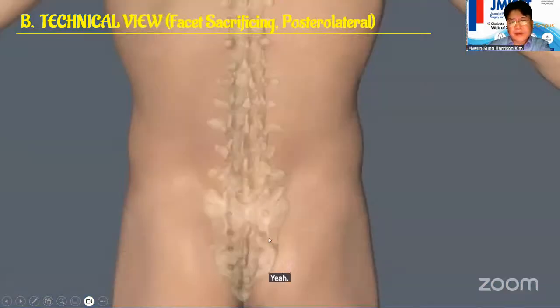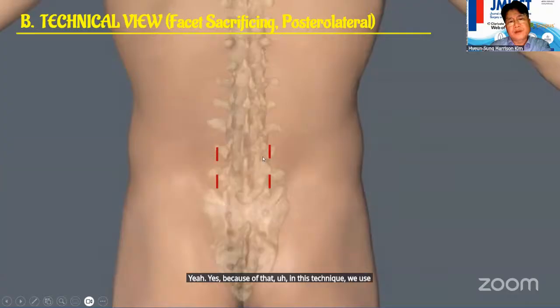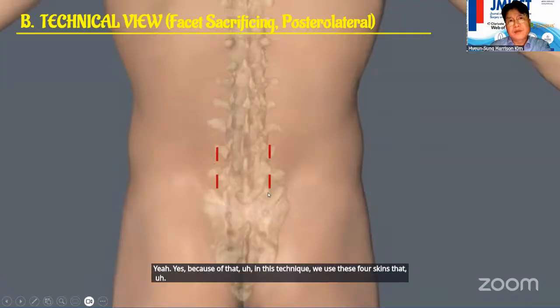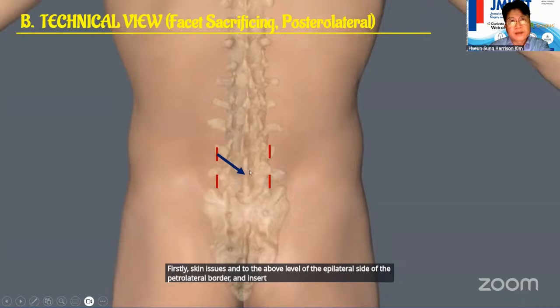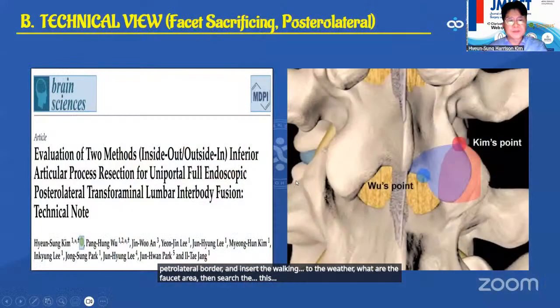In this technique, we use the same skin incision as the percutaneous pedicle screw. Firstly, make the skin incision at the level above, on the ipsilateral side at the pedicle lateral border, and insert the working channel to the medial border of the facet area. Then search for Kim's point.